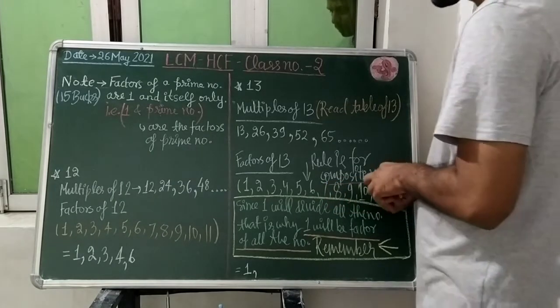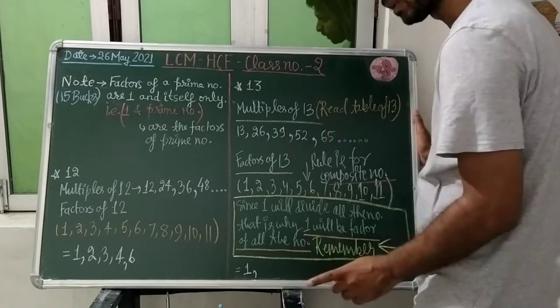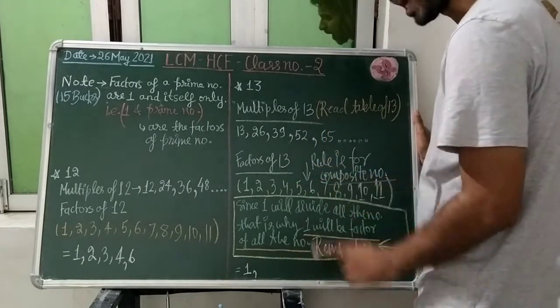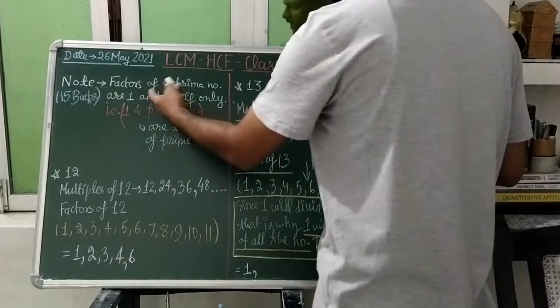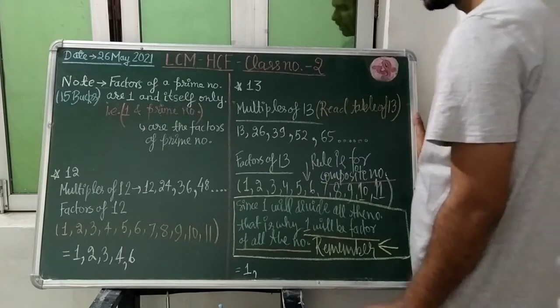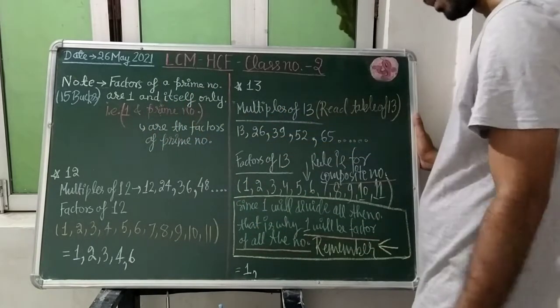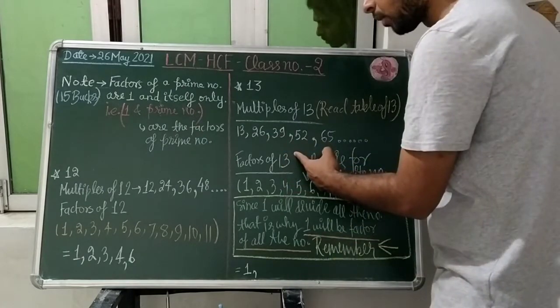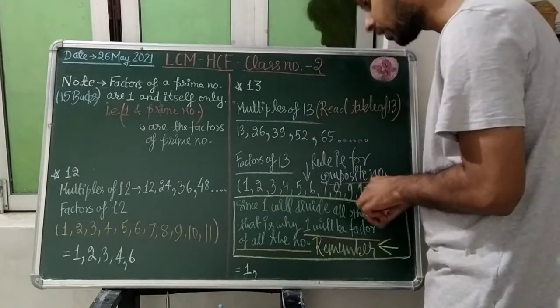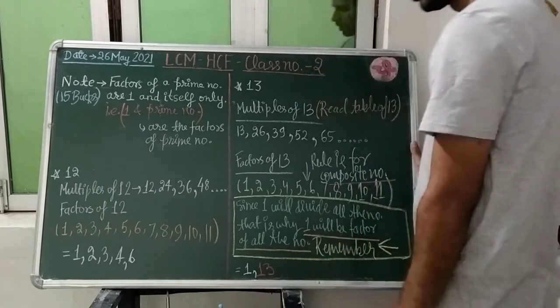And what is this 13? Look, students, 13 is a prime number. That is why factors of a prime number will be 1 and the prime number. So factors of 13 will come out as 1 and 13.